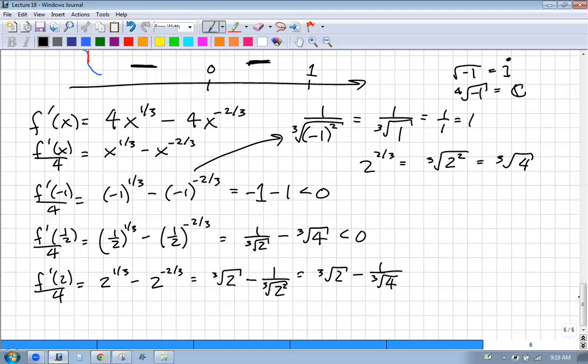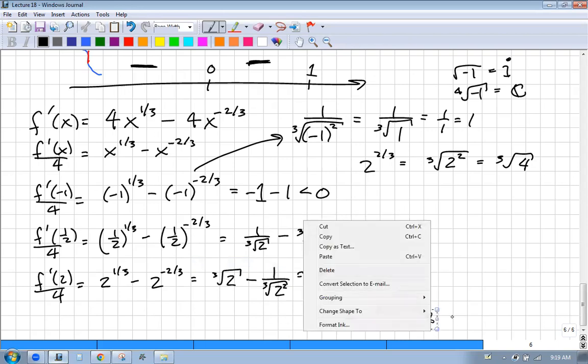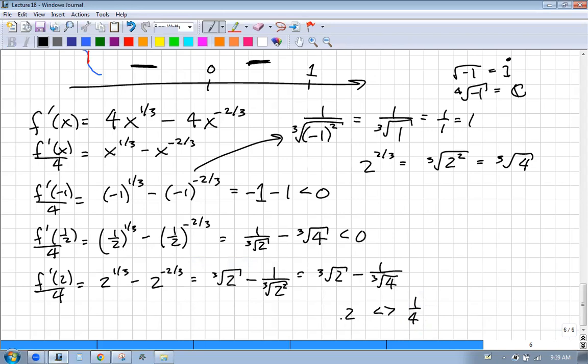Okay, how am I going to do this without a calculator here? Which one of these is bigger? This one, less than or bigger than this? Well, if we cube both sides, which is bigger, 2 or 4? The 4 is bigger. That means that this number is bigger. So if you have a number bigger than something you're subtracting, that would make this positive, right?